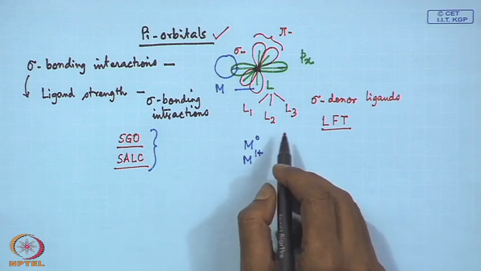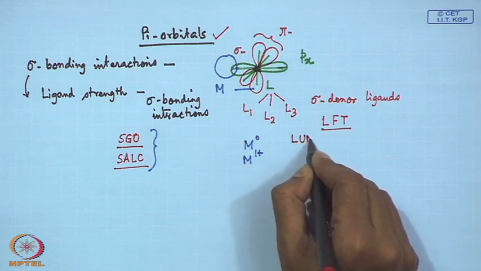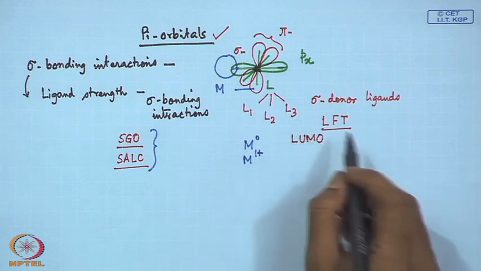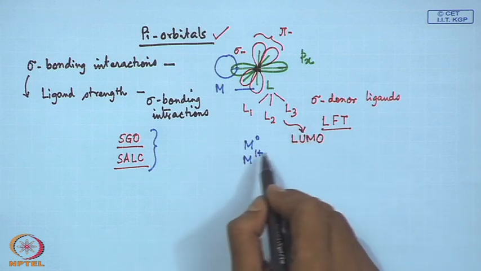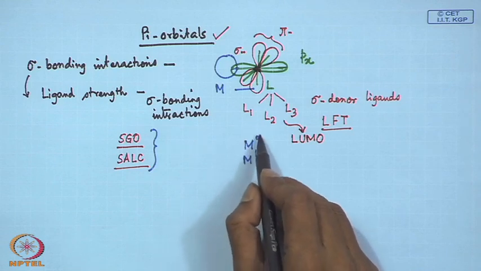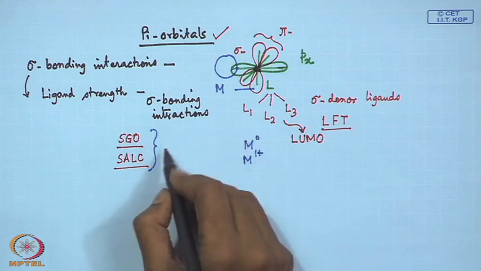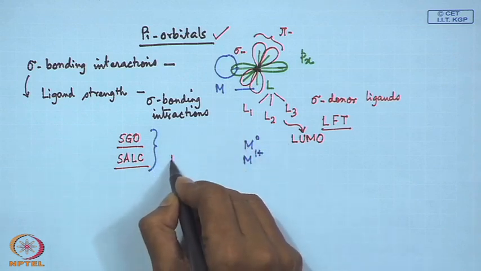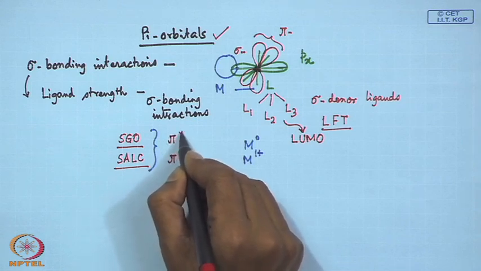Then if there is a vacant orbital, that means the lowest unoccupied molecular orbitals are available from the ligand side, we can get an interaction where the electron density or charge density from the metal side is transferred to the ligand side. Similarly, here we will also consider this for the interaction at the pi as well as the pi star level.